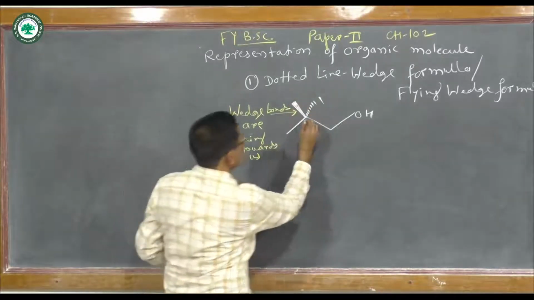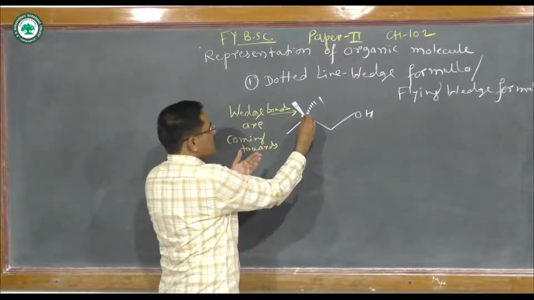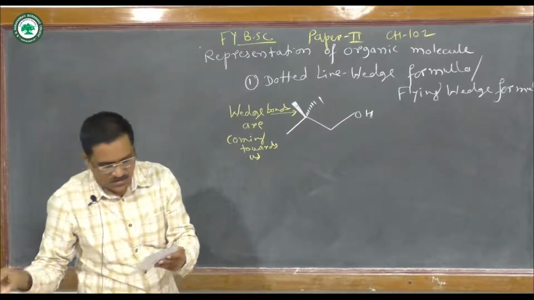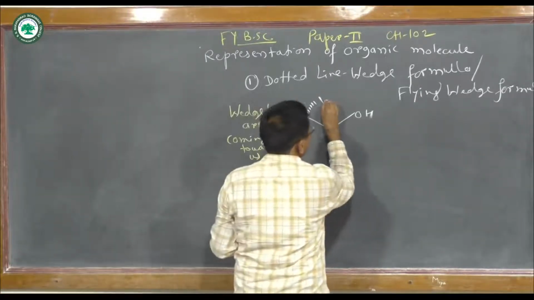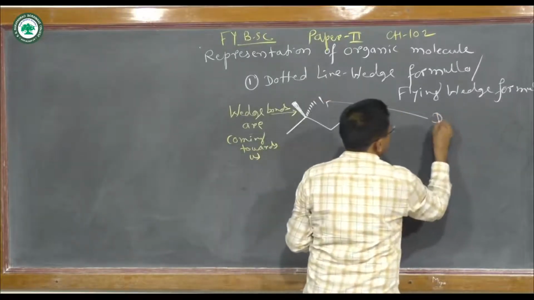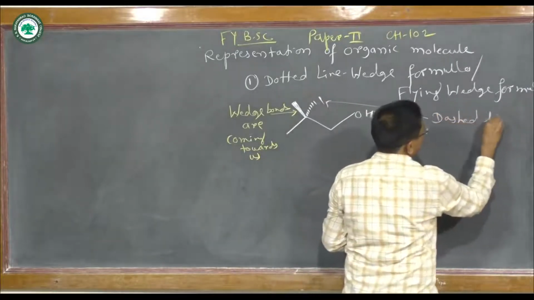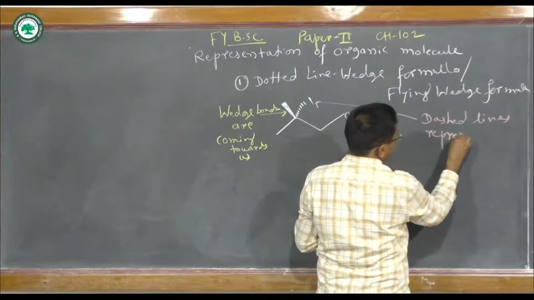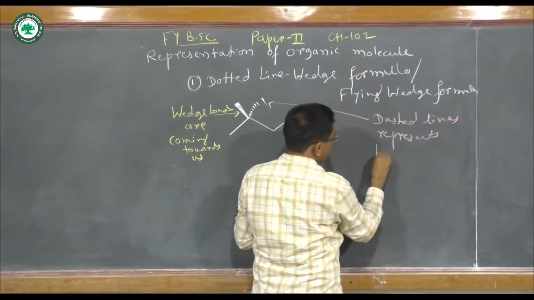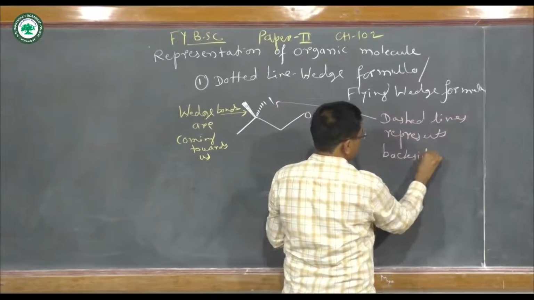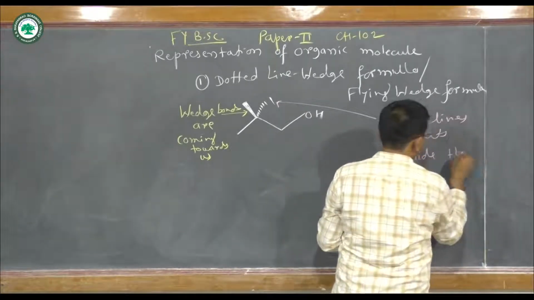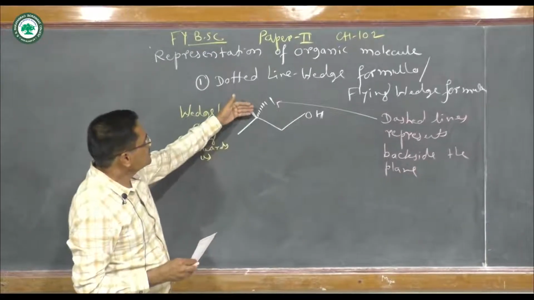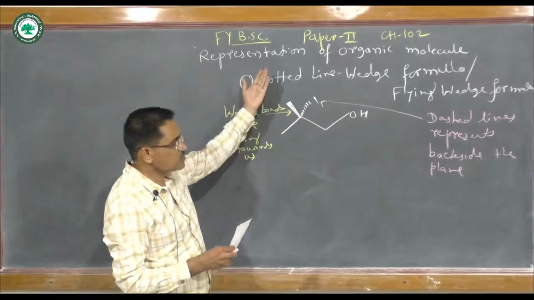This bond is coming towards us, and hence it is shown by a wedge. And these dashed lines represent the backside of the plane, meaning these dotted line bonds are on the backside of the paper.